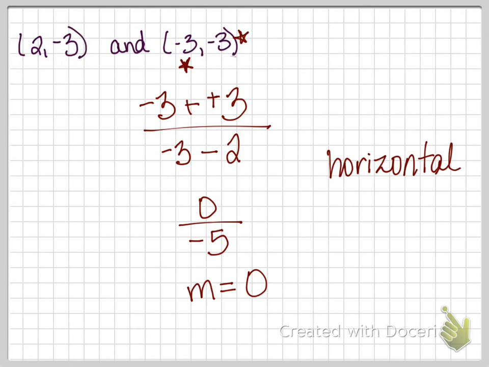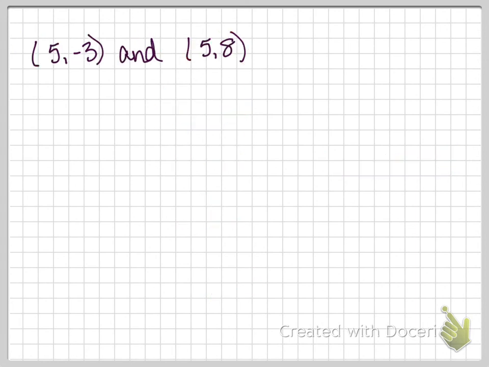Now, for our next one, what is the same? The x's are the same. So for this one, I'm going to have 8 minus negative 3 over 5 minus 5. I get 11 in the numerator, but what do I get in the denominator? 0.